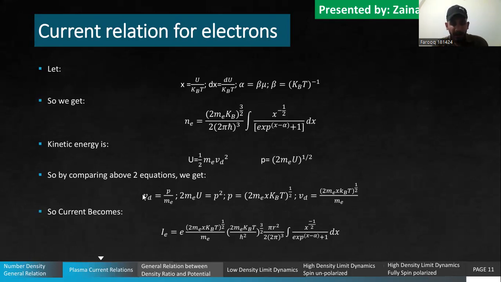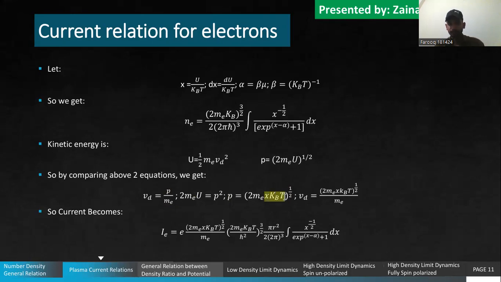So now look that vd is equal to p over me, and now p is equal to (2 me u) to the power 1 by 2. We put that here and take the square on both sides. We get this, p equals this.